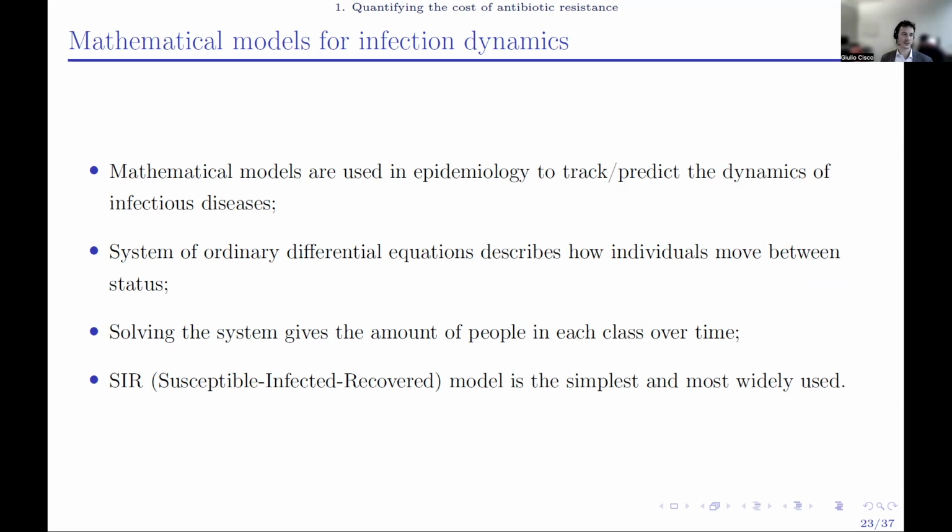That means susceptible, infected, recovered models. And it means basically that in these models you consider these three compartments, let's say these three categories of people. This is the more simplified way, but for resistance it's a bit more complicated.